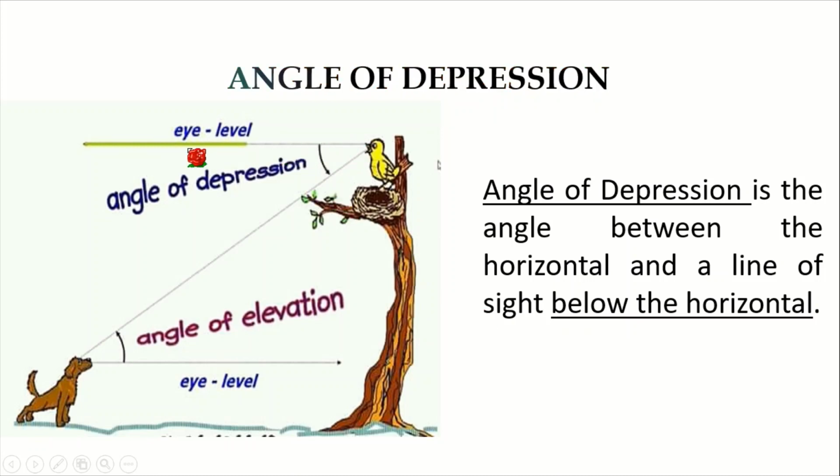So, from here, from the line of sight pa ibaba, yun yung tinatawag natin na angle of depression. And again, we can measure the degree of angle of depression gamit yung mga trigonometric ratios natin. So if ever hindi niyo pa alam kung ano-ano yung mga trigonometric ratios natin, I have other video about that. So I'll put the link below para masundan niyo.